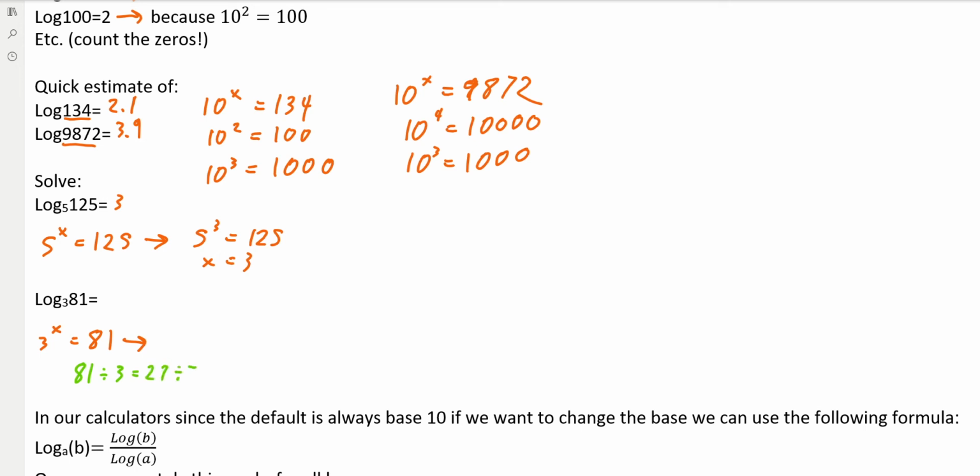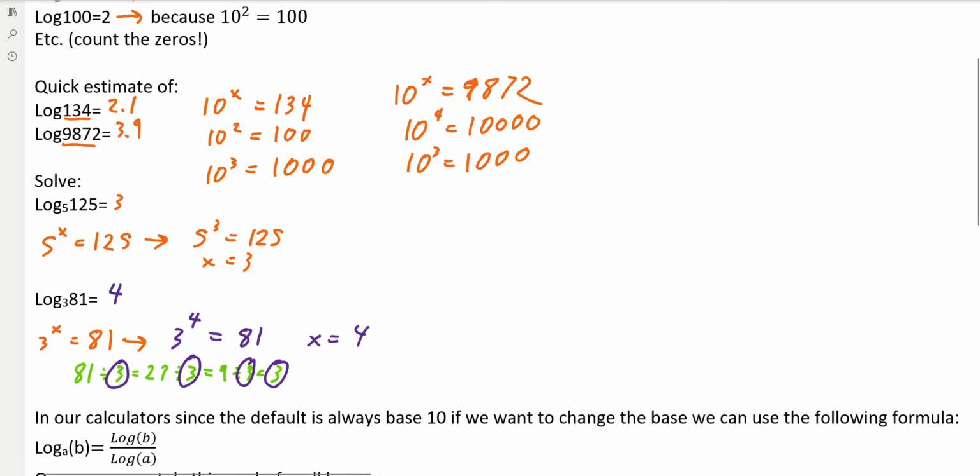We would divide by 3 again, and we would get 9. Divide by 3 again, and we get 3. So 1, 2, 3, 4 3s. So what we can say is that 3 to the 4 equals 81. So x equals 4. So our answer is finally 4.